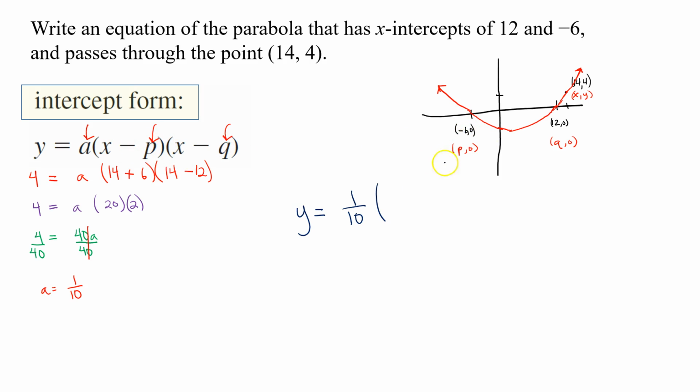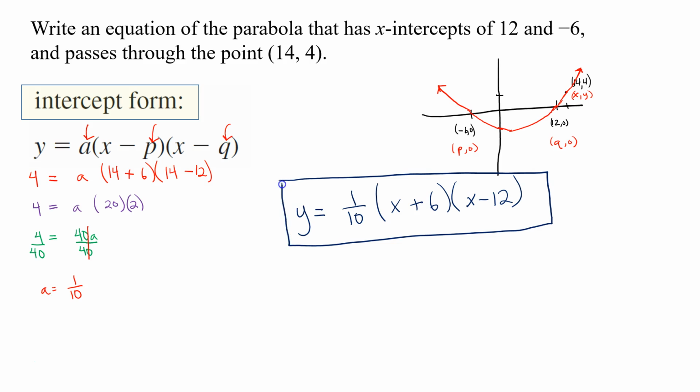So x minus negative 6 is x plus 6, times x minus q. So that's going to be x minus 12. And that, my friends, is the equation in, not vertex form, in intercept form, because these are the x-intercepts of this parabola.